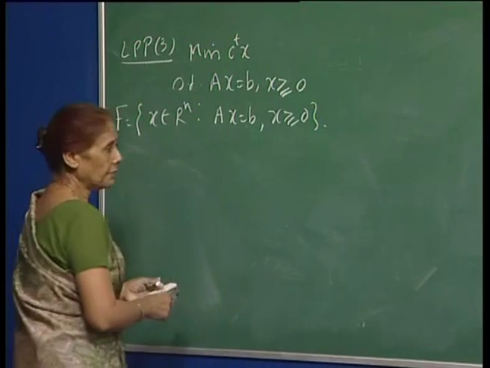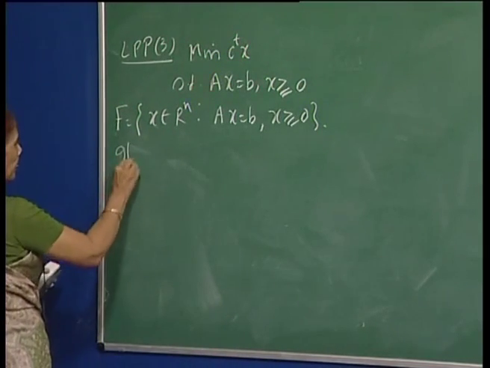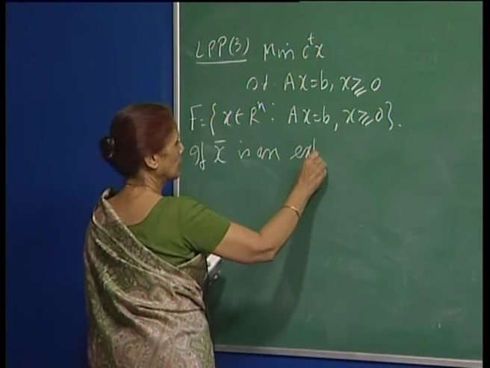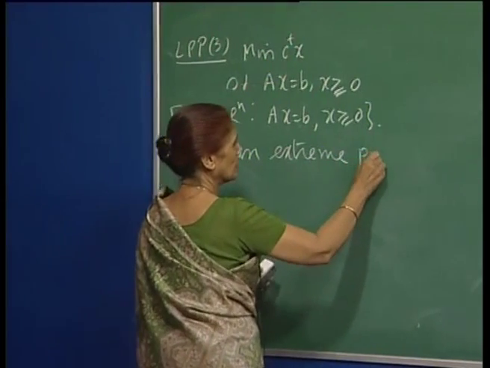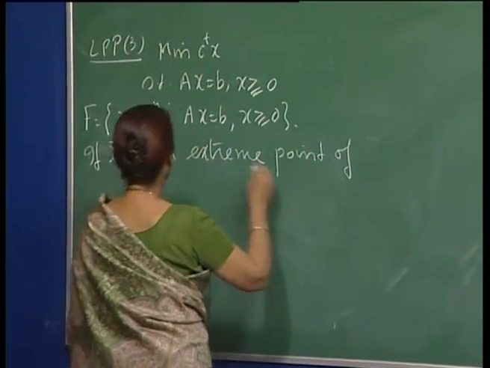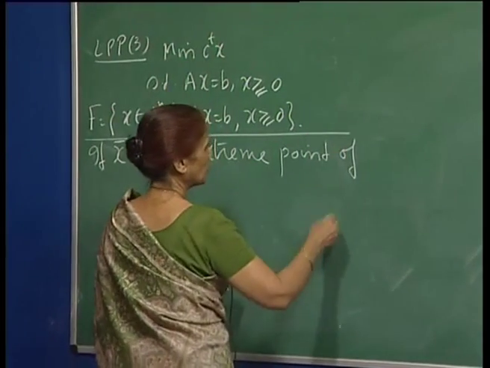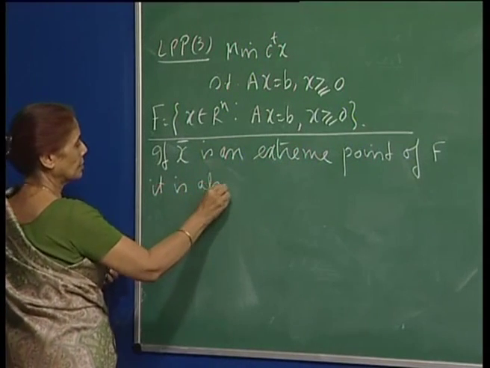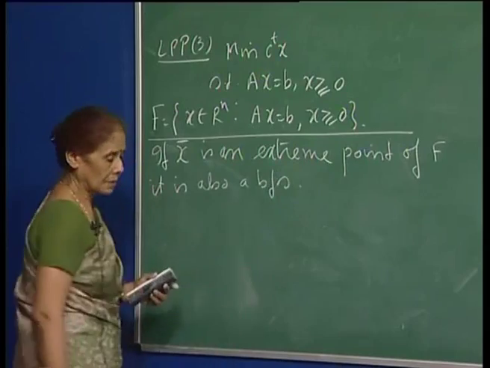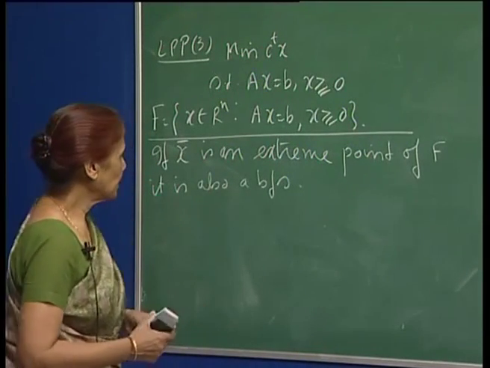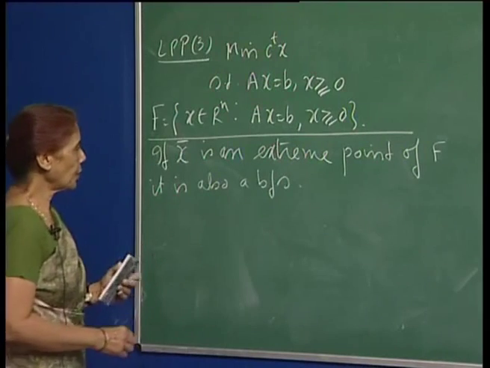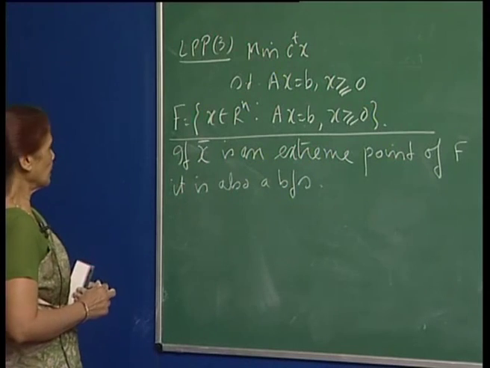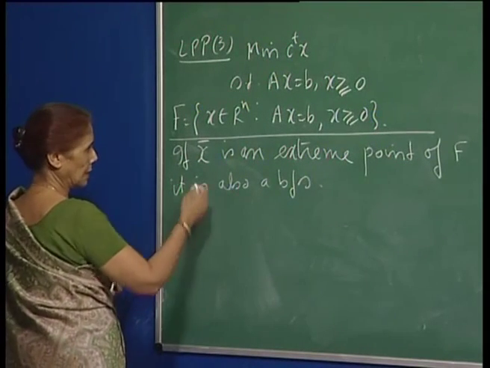Okay. So, now the if part, that is, if x bar is an extreme point of f, it is also a basic feasible solution. Okay. So, now here we will say that x bar is an extreme point, and it is in f.